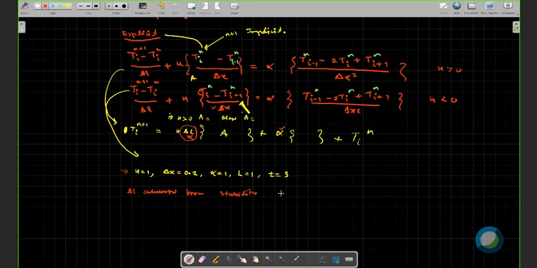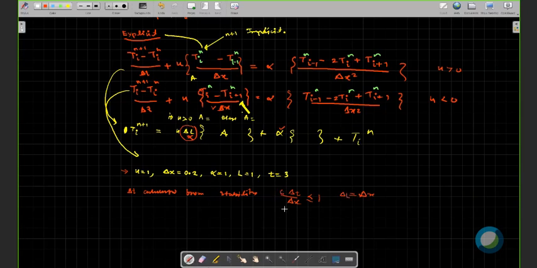And that stability criteria, what does it say? C delta t by delta x should be less than or equal to 1. So we consider the case of equal to 1, and we find out delta t. Now what is c here?